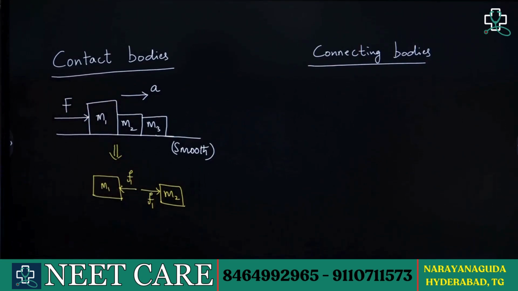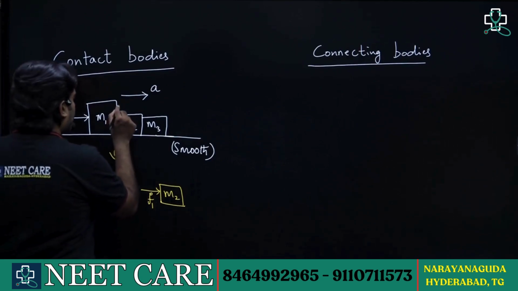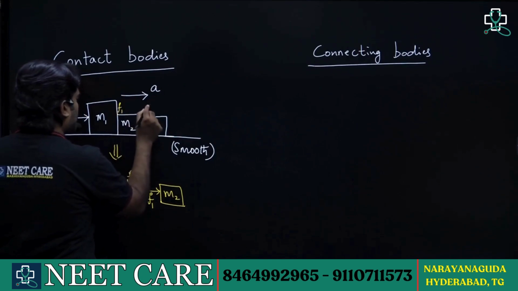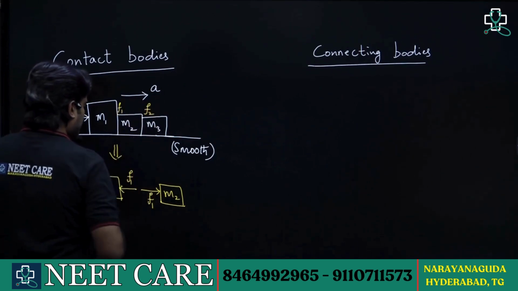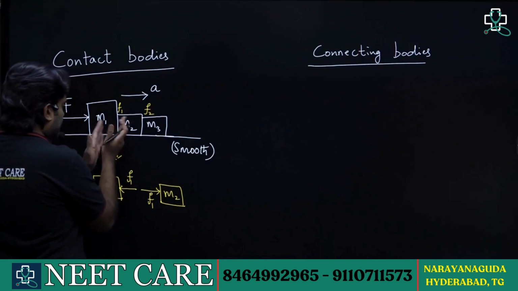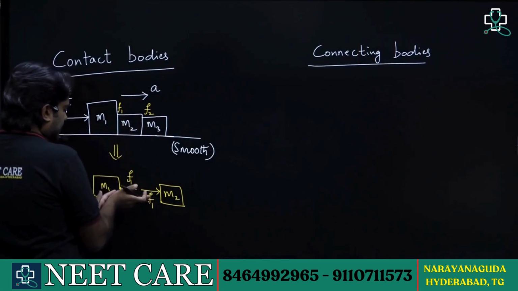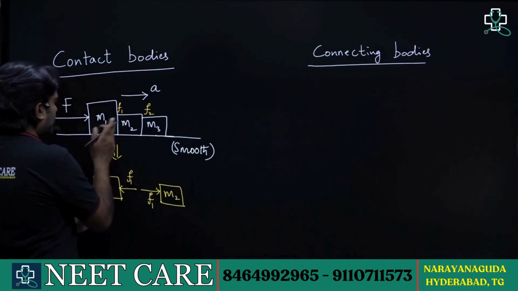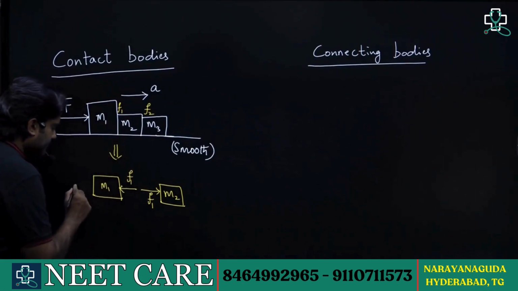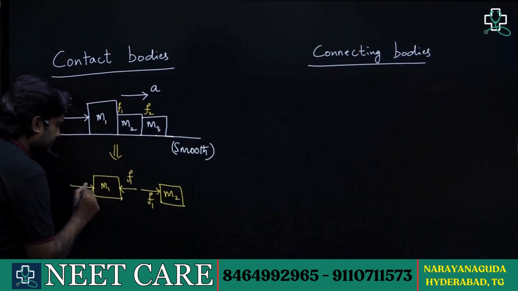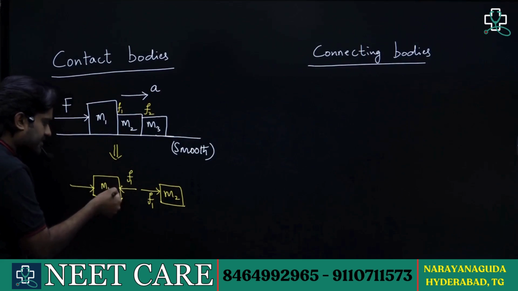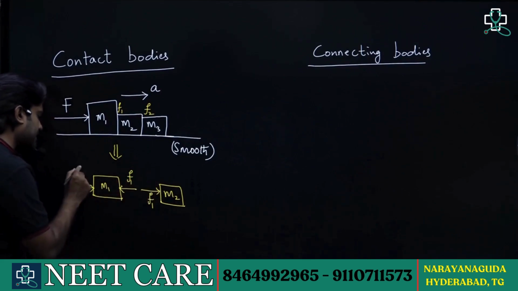Let's consider between these two the contact force is F1 and between these two the contact force is F2. If you separate it and visualize the effect of contact force on m1 and m2, then on m1 the contact force will act towards the left side, but on m2 it will act towards the right side.